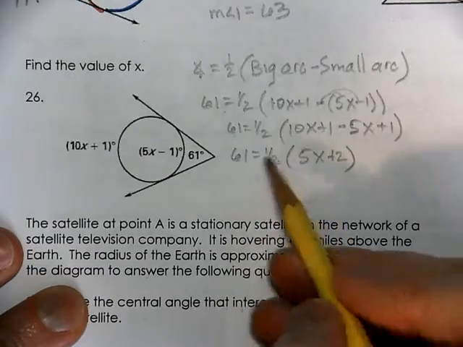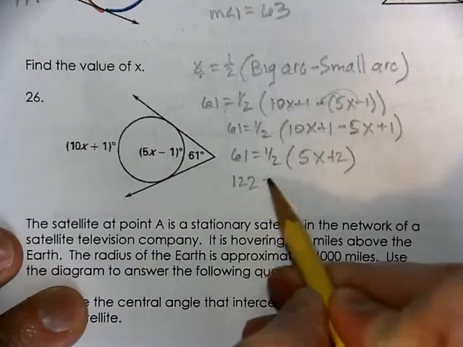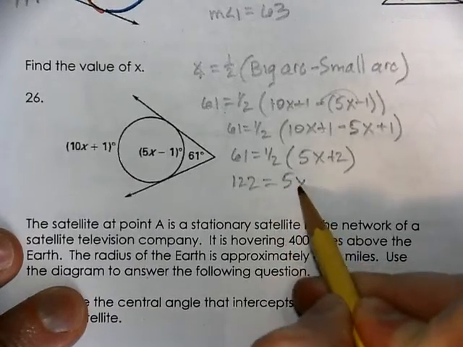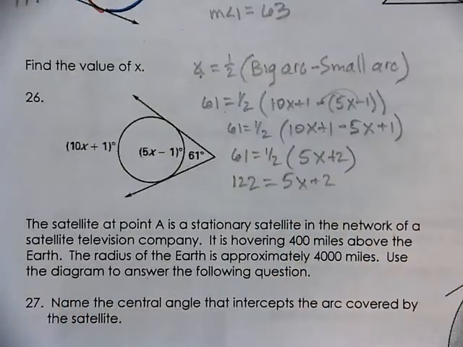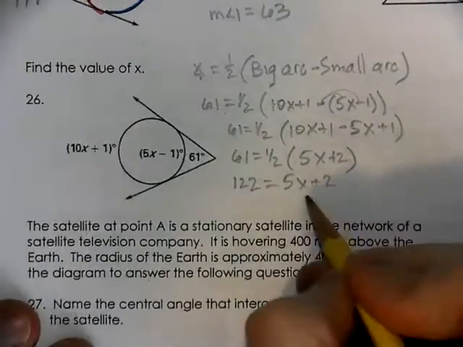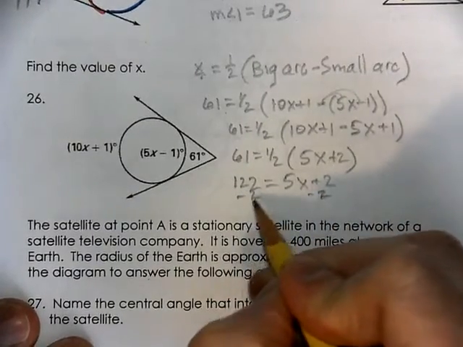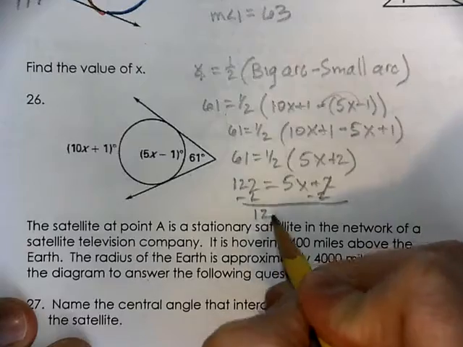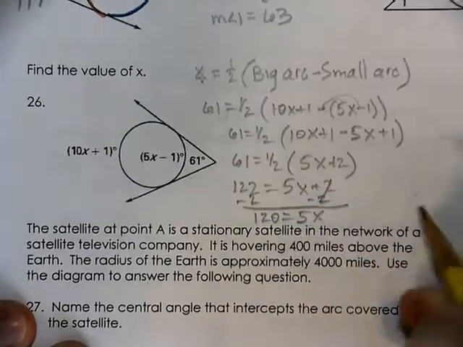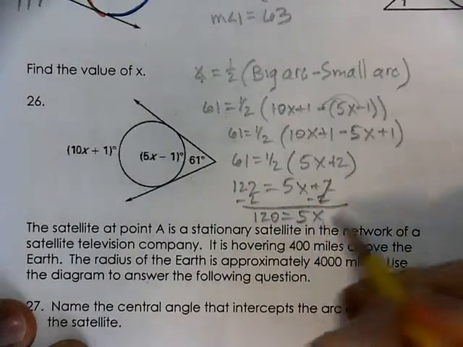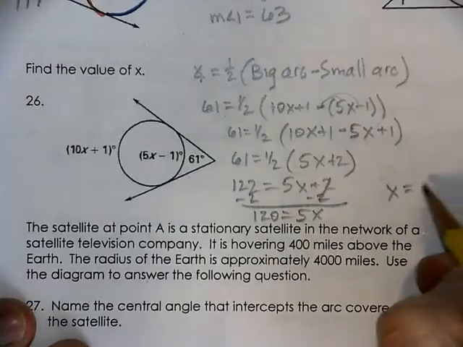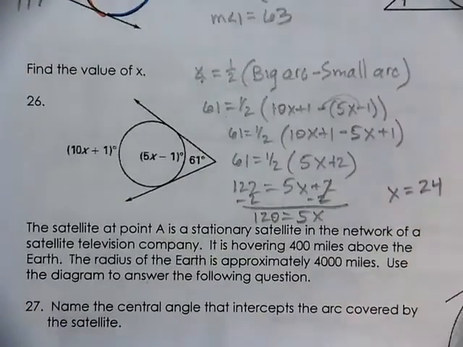So I'm going to double both sides. Subtract the 2. And when we divide by 5, we'll get 24.